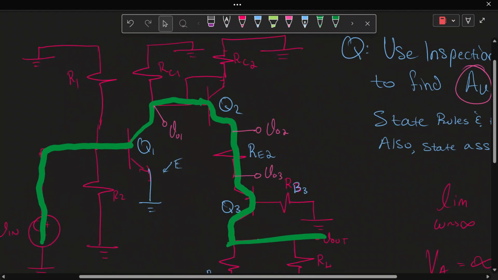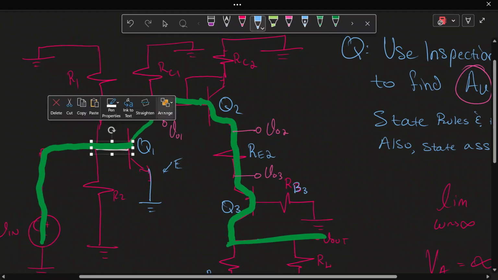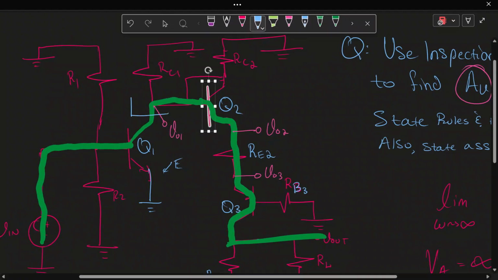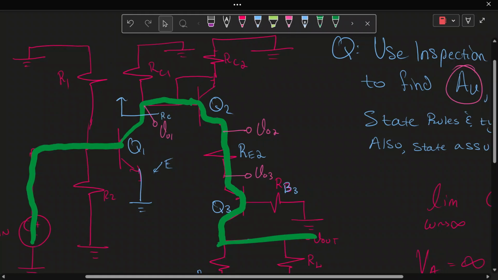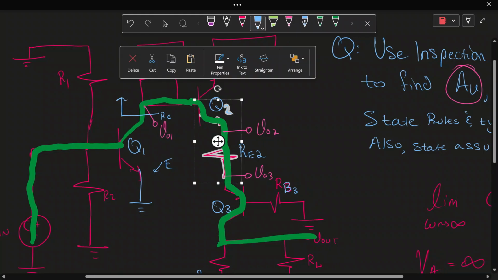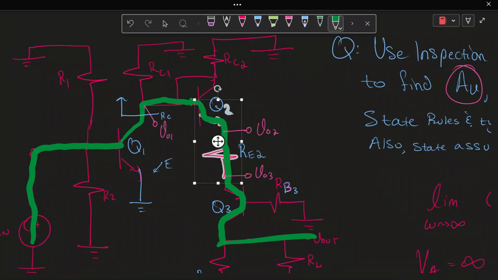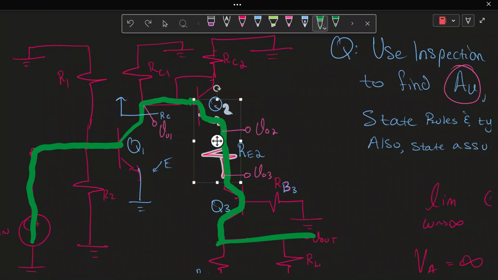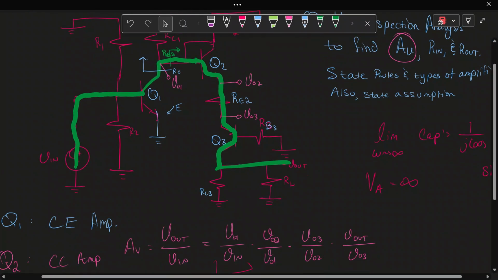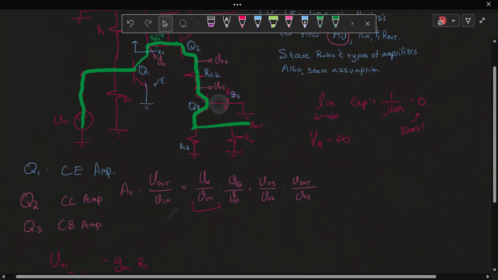Well, what does the collector of Q1 see? If we draw an arrow here, we call this RC. It sees RC1, but it also sees everything looking into the base of Q2, or B2. So we actually have to put those in parallel.